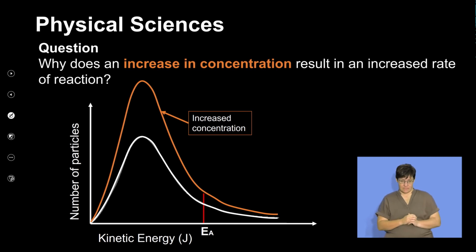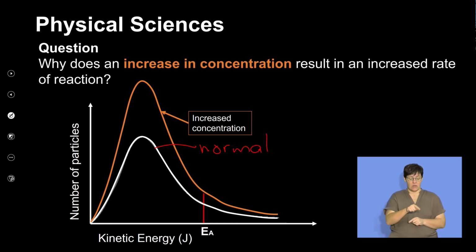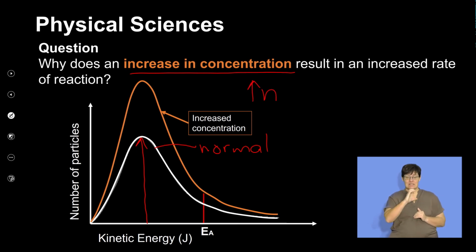If we go back to the Maxwell-Boltzmann, I want to remind you again that this is our normal statistical curve, where we will have a peak where we have our average kinetic energy for most of our particles. But when we have an increase in concentration, we now have an increase in the number of moles, so the number of particles is now more than before when we had a lower concentration.